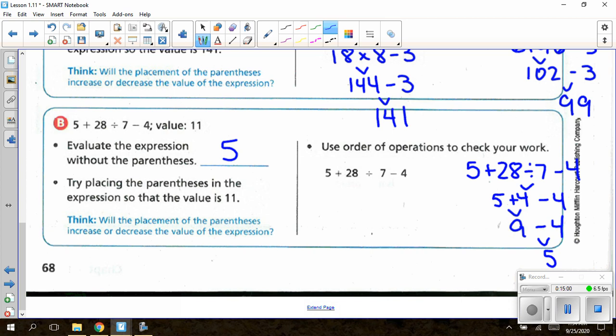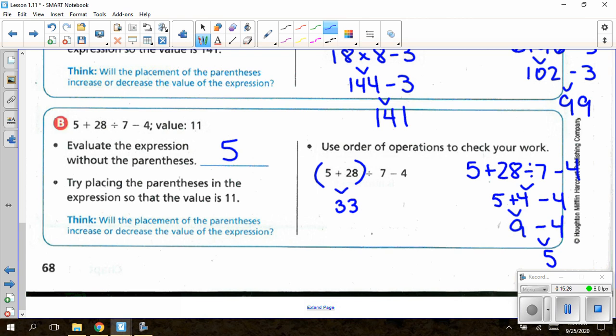There are times when placing parentheses that you may have to use more than one set of parentheses, and this is an example of doing that. Because I know that if I place the parentheses around the 5 plus 28, 5 plus 28 right here gives me 33. I know I cannot take 33 divided by 7 without getting a decimal, so that wouldn't work.